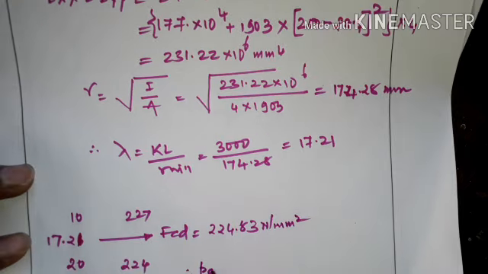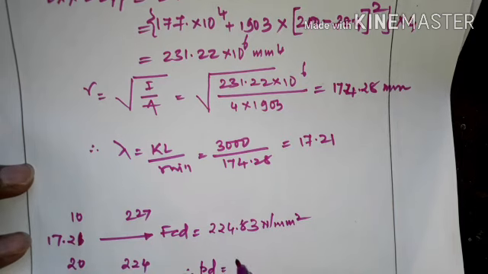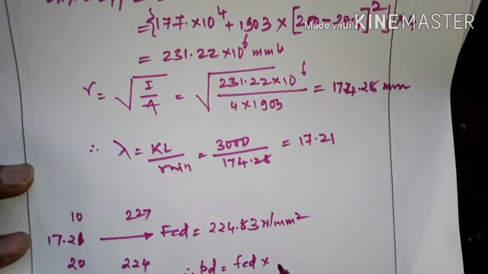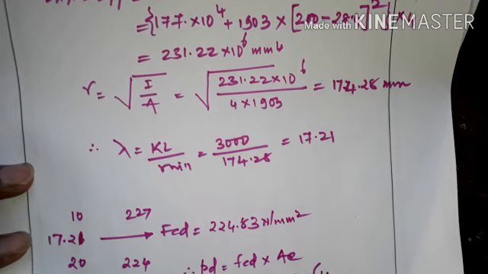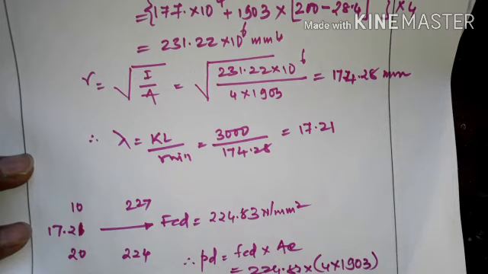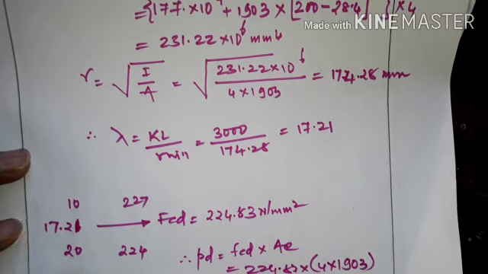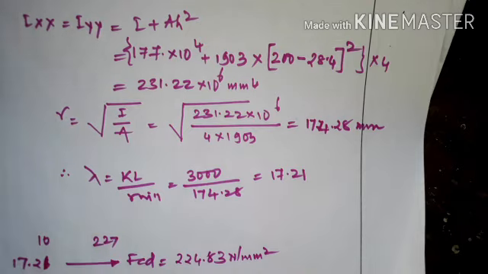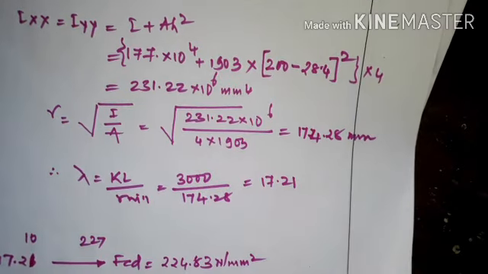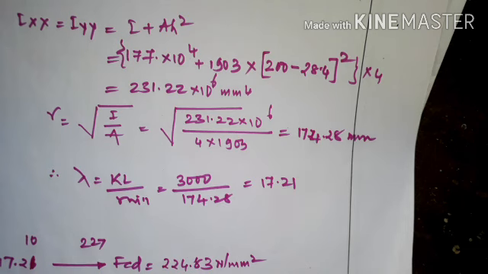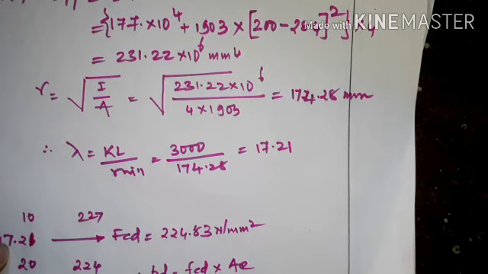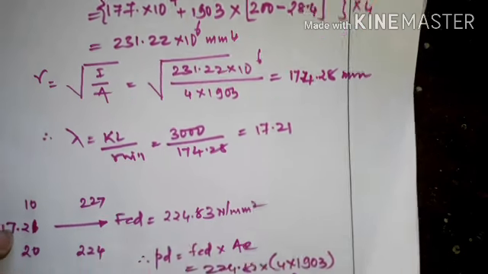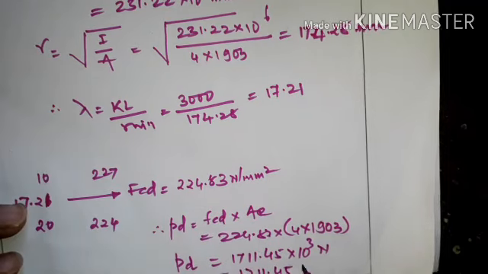Therefore PD is equal to FCD into area. FCD is 224.83, and the area is 4 times 1903, so we get PD as 1711.45 into 10 raised to 3 Newton, or 1711.45 kilonewton.